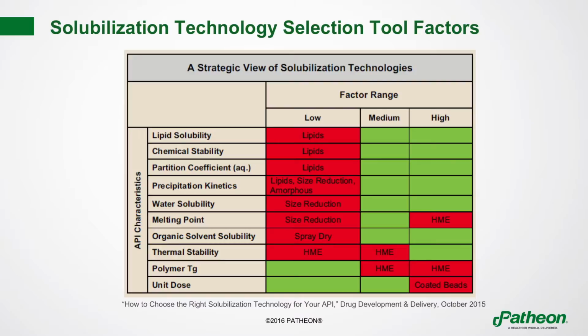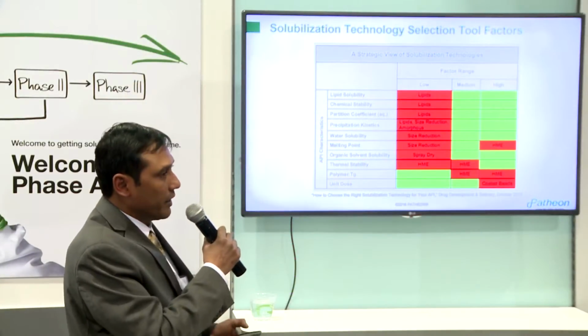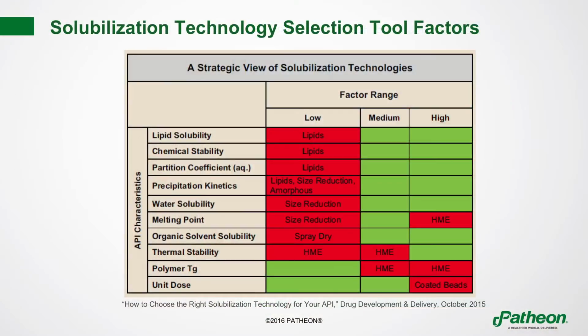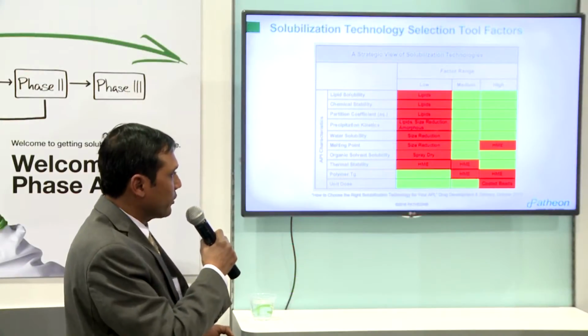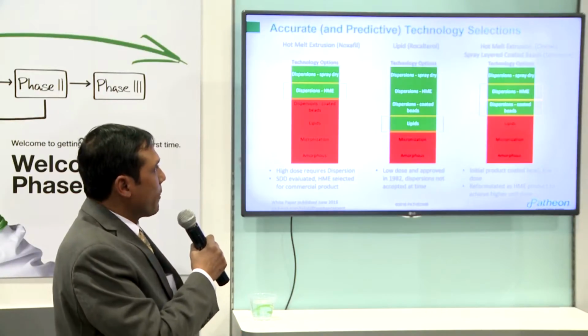We put inputs on the factors as low, medium, or high into the algorithm to give us an idea of which technology has a high probability of succeeding. We also published an article in Drug Development and Delivery last year, how to choose the right solubilization technology for your API. You're welcome to look it up.